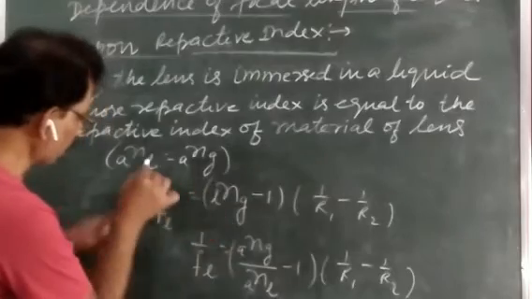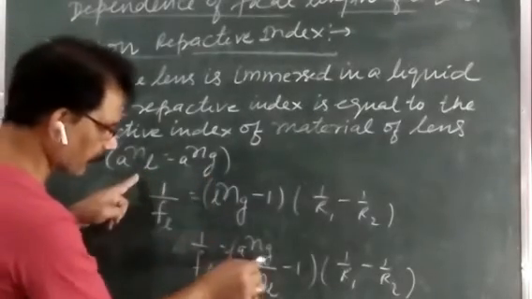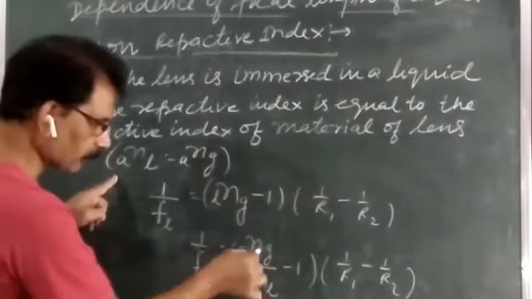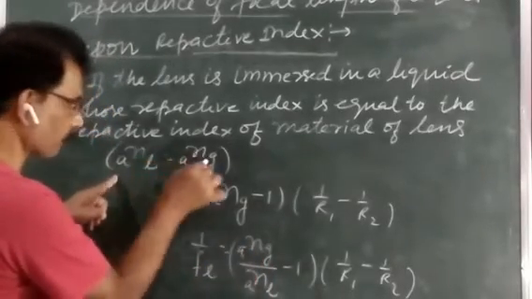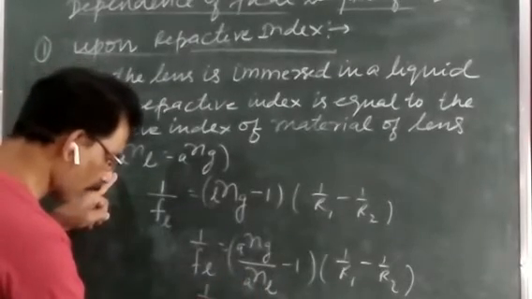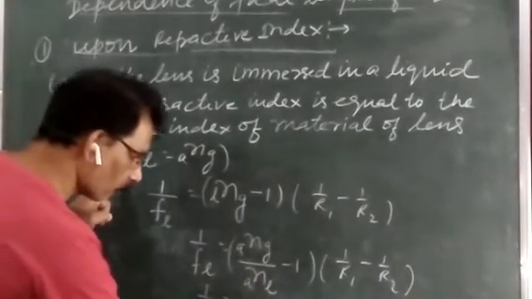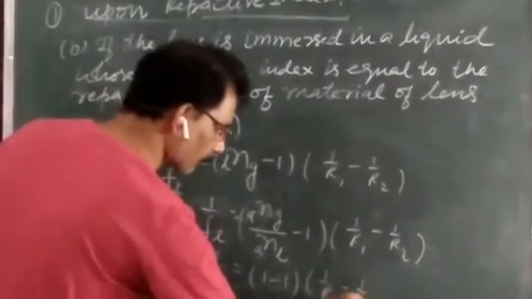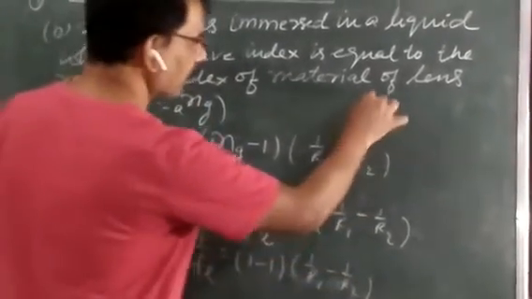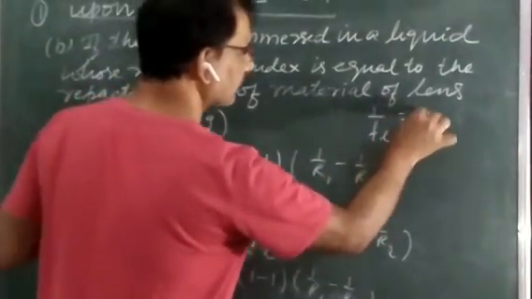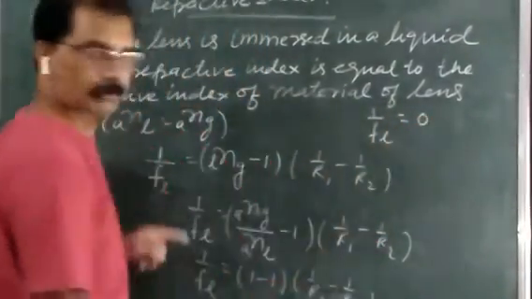And you know refractive index of glass with respect to air and refractive index of liquid with respect to air. This ratio is what here? If both are equal, this ratio becomes 1. So you will get 1 upon FL is equal to 1 minus 1, and here 1 upon R1 minus 1 upon R2. Or finally you can say 1 upon FL is equal to 0.